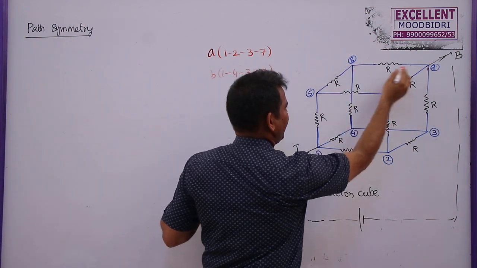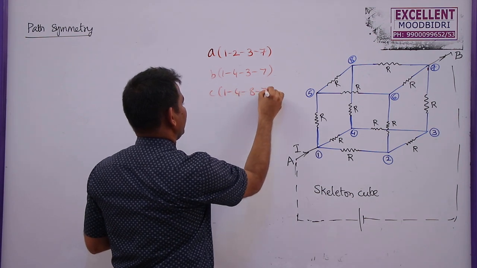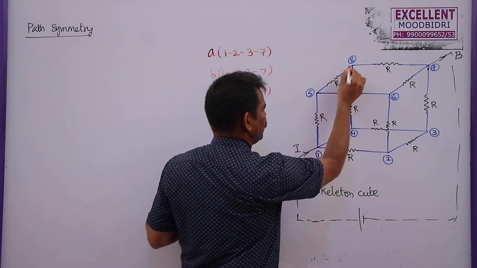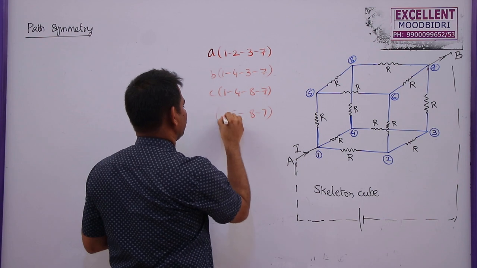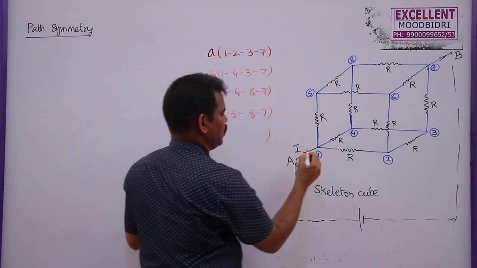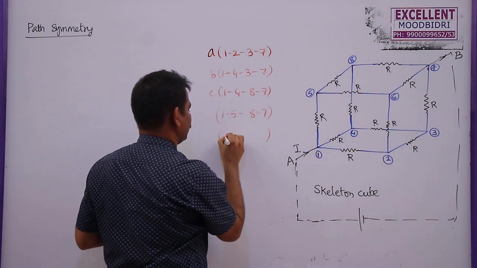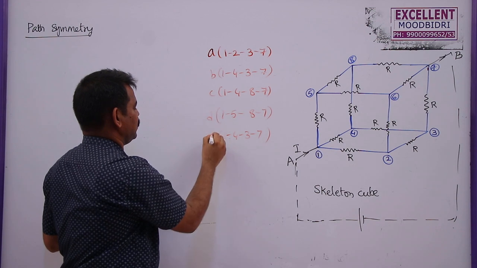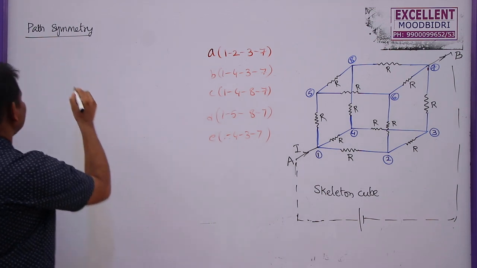Next, 1, 4, 8, 7. One more path. 1, 5, 8, 7. One more path. So you can write so many paths here, but you can see all these paths are symmetrical.